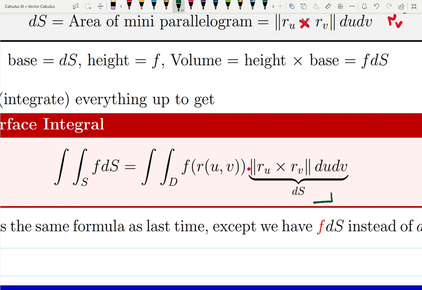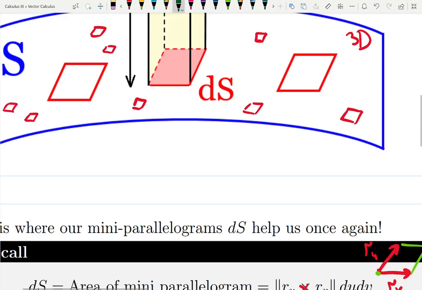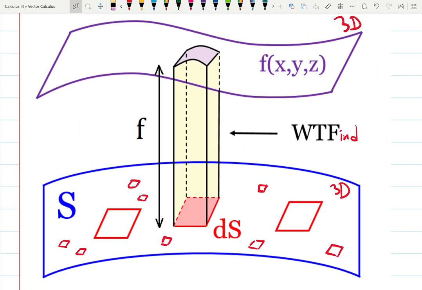So these are my cute looking parallelograms. They're trying to, like stickers, cover all the surface. The more the better, infinitely more. This is the height. Height times base gives you the volume. Collect all those volumes, approximate it like on this picture.